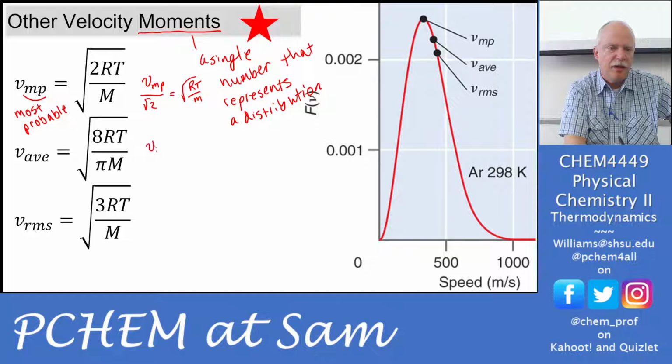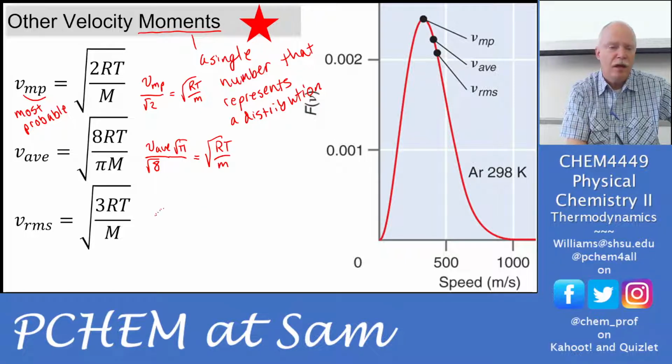And then let's take this new average over the square root of 8, times the square root of pi. You see what I'm doing? That's equal to the square root of RT over M. And then this one, the root mean squared over the square root of 3 is equal to the square root of RT over M.